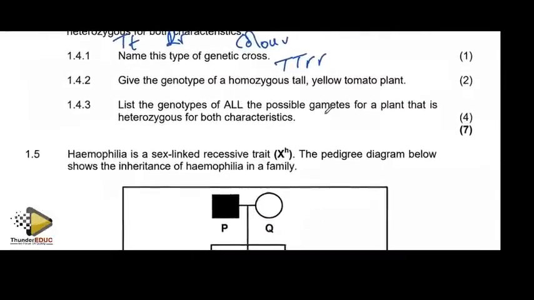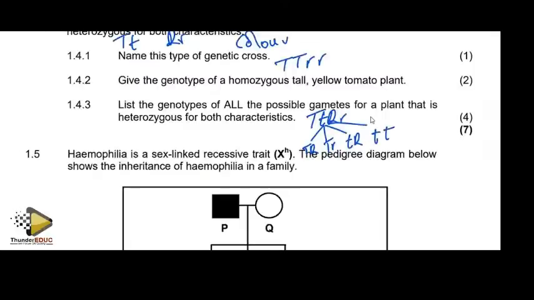List the genotype of all possible gametes for a plant heterozygous for both alleles. If it is heterozygous, it's going to be capital T, small t, capital R, small r. Because it is dihybrid, I'm going to combine this with this. It's going to be capital T, capital R; capital T, small r; then small t, capital R; and small t, small r.